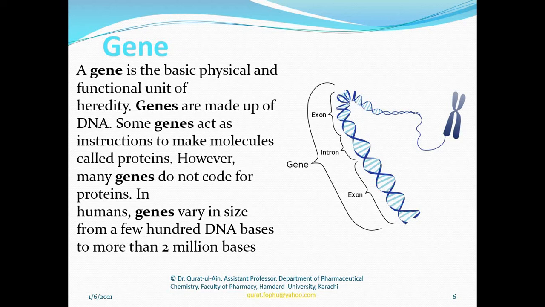What is an intron? Introns are non-coding regions. They are nucleotide sequences that do not encode any particular type of protein, but they assist in gene expression. However, exons always encode protein, or carry the information for the production of protein.